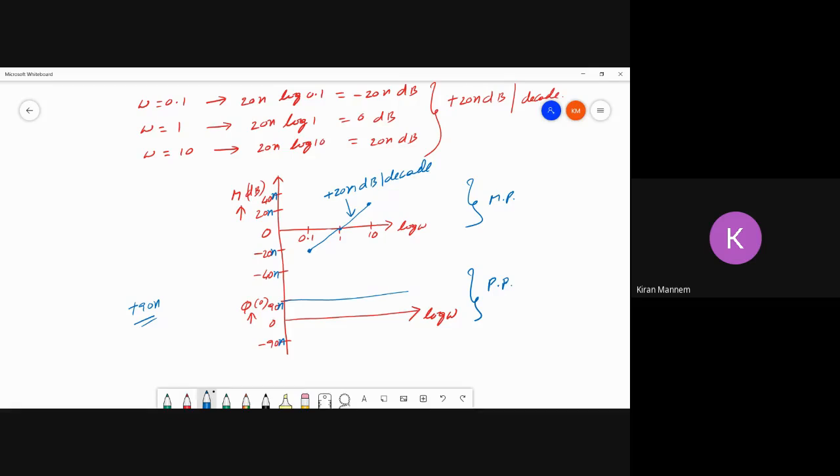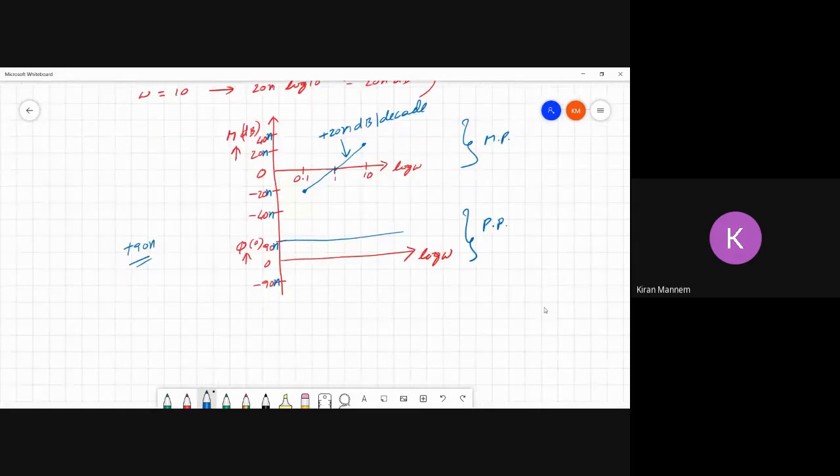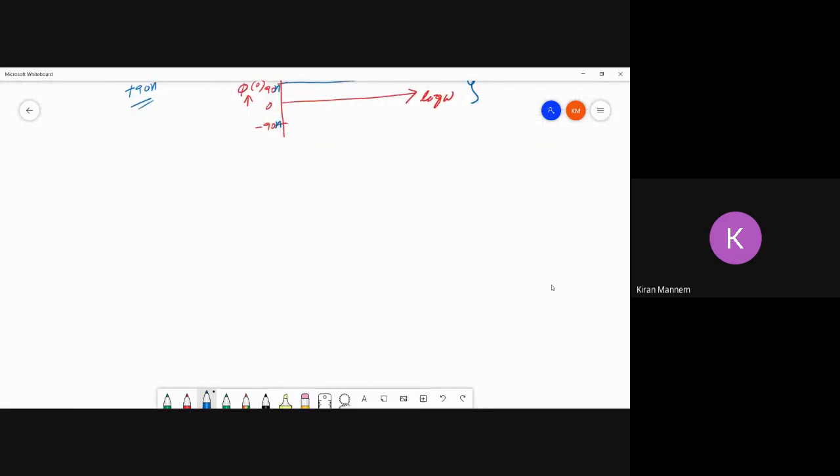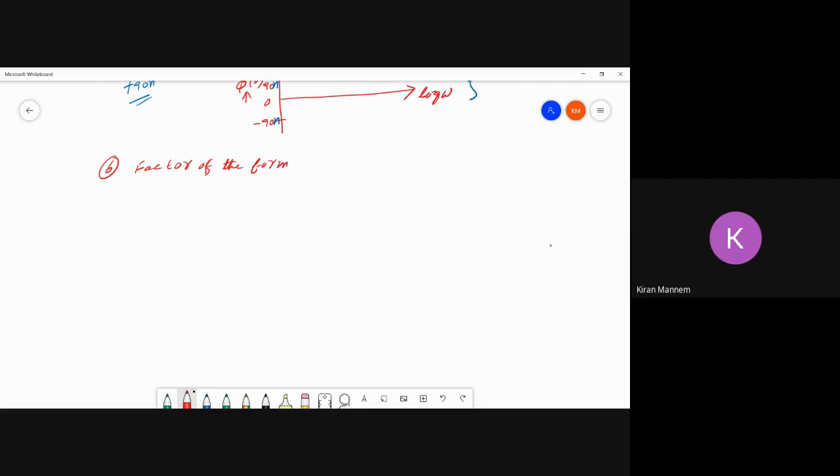So let us move on to the next Bode plot, the sixth one. A factor of the form k by j omega all to the power of r.